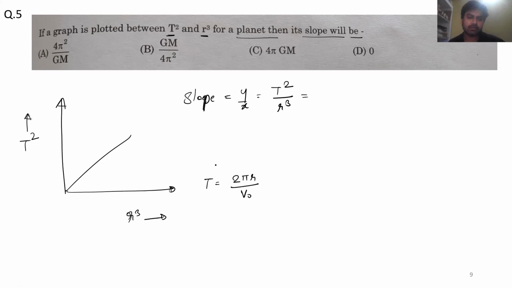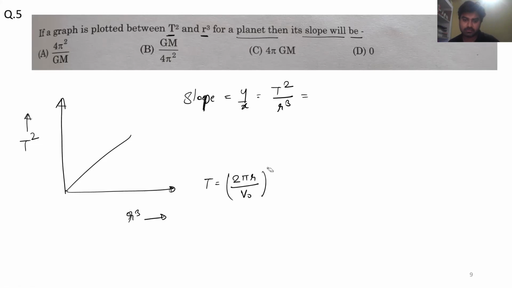So this is t we got. You can write t square as 2 pi r by v naught, whole square, divided by r cube. So r square and r cube get cancelled out, leaving 2 pi by v naught, with r.